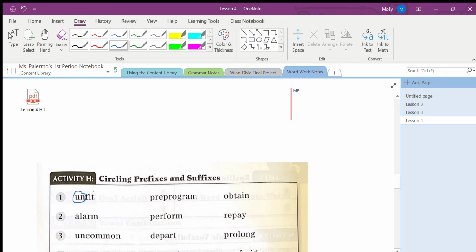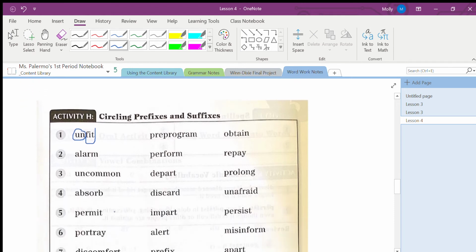And since this has one vowel sound, I know that this is a word part. So this word is unfit, unfit. And please, please, please, you guys, make sure as you're doing this, you are actually reading these words out loud. That is how you will get better at using these words in your writing and understanding these words when you're listening and reading.